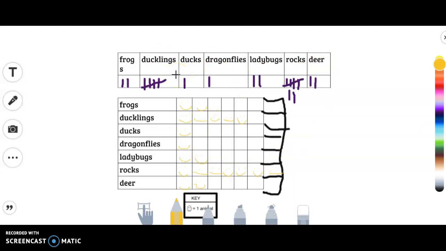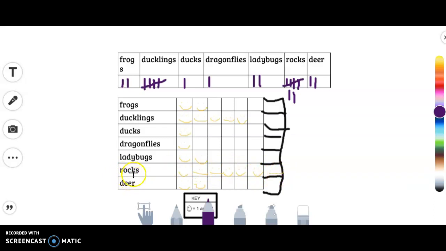I'm going to ask you a couple questions. This is what's really important to know, is to be able to answer questions after we do our tally chart. Okay, so which one has the most? Pause the video. Which one has the most? That's right. Looking at our graph, we can see that this has the most smiley faces.